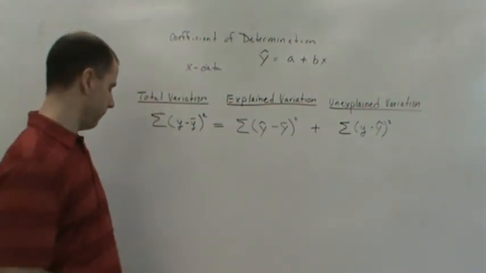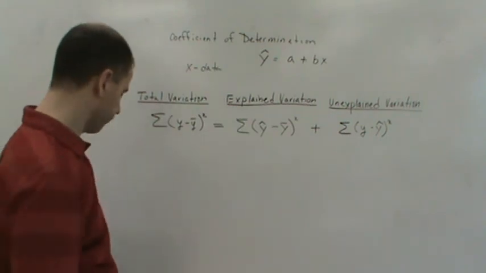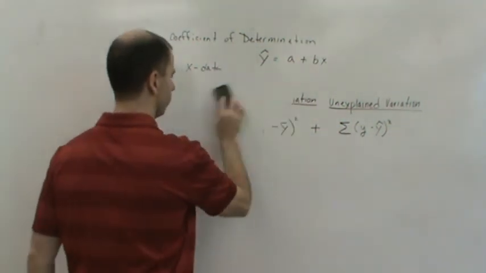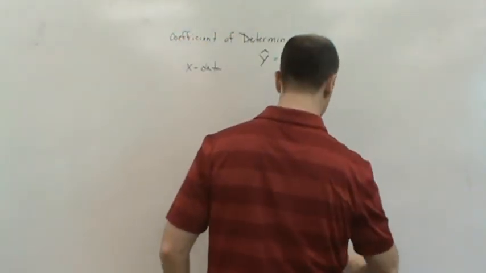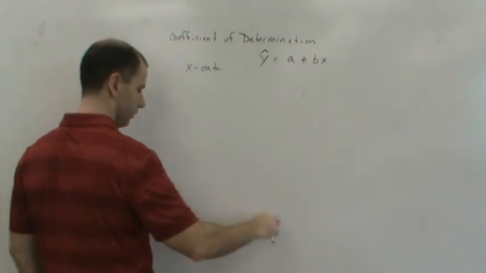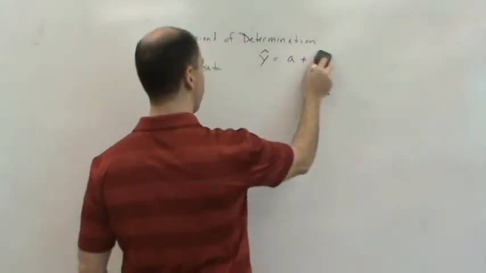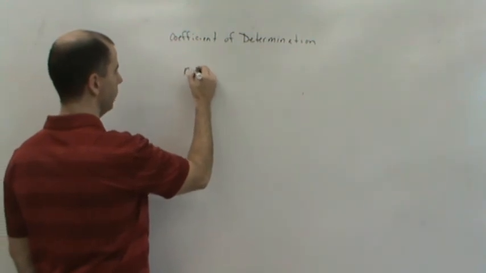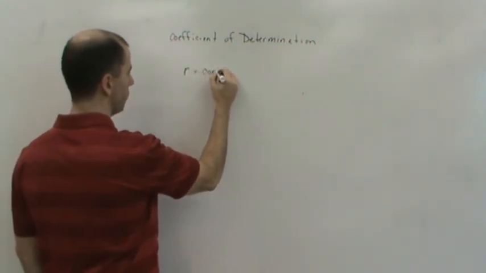Now, what does this mean? Well, R is the correlation coefficient. R is the correlation coefficient.